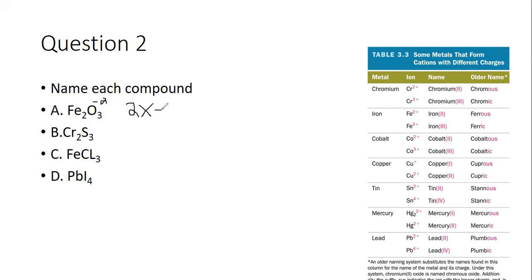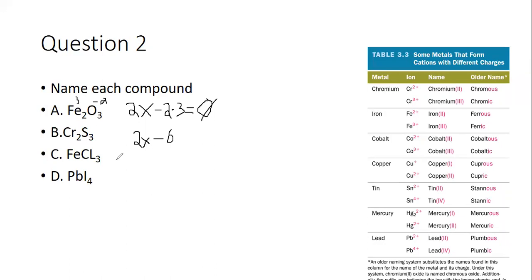I know the charge of oxygen, it's -2, so I put a -2 there. I have 3 of those. So this ionic compound, when all the charges are added together, must equal 0. So 2x minus 6 equals 0. And 6 is the charge of the iron. So iron must be +3.